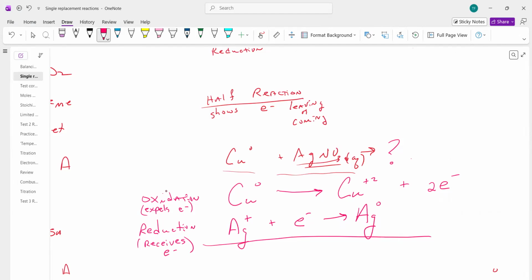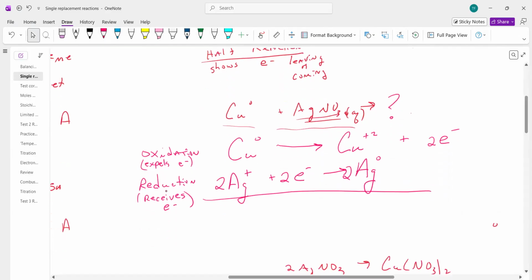So what must we do to make this bottom equation equal the top one in terms of a number of electrons? Yeah, balance it. Now we have 2 electrons transferred, 2 electrons received. Now it's balanced.